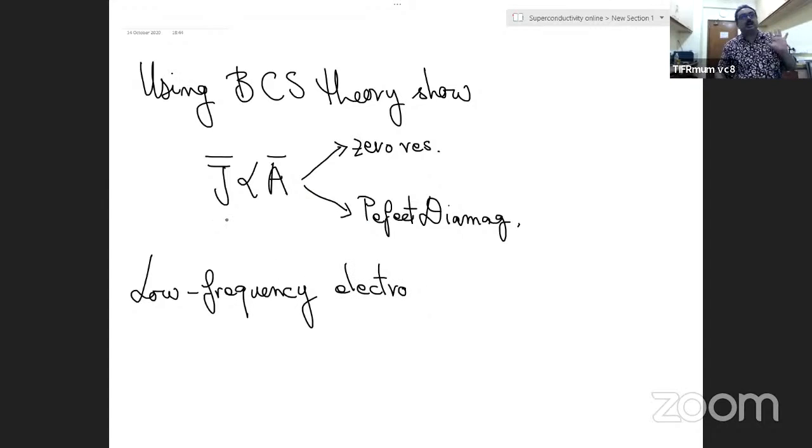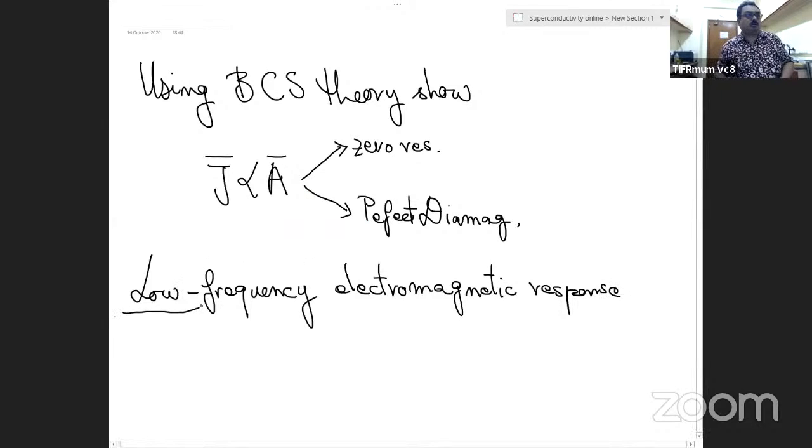But right now I just want to prove the London equation in the low frequency limit. So I will restrict myself to low frequency electromagnetic response. In fact, the high frequency response, I would love it if someone takes it as one of the presentation topics.